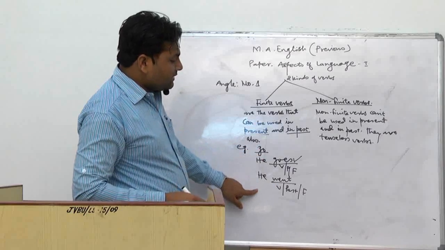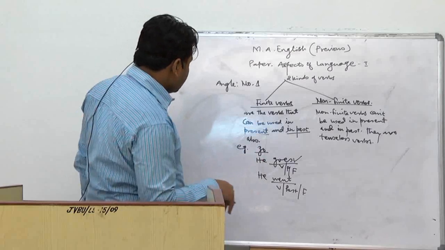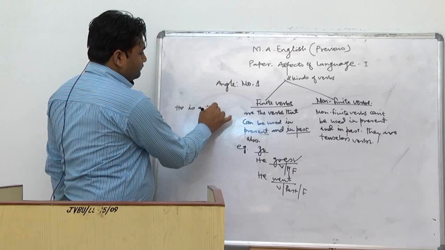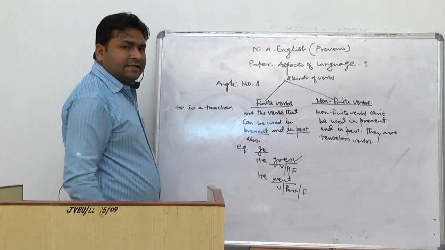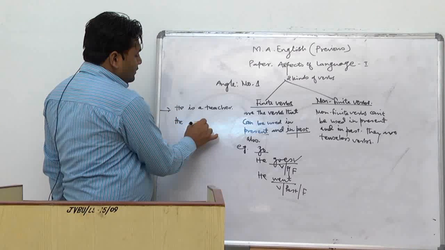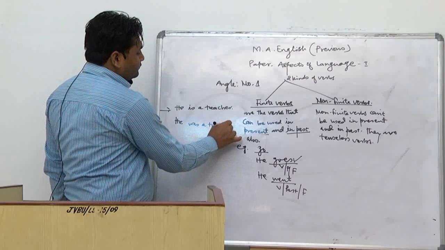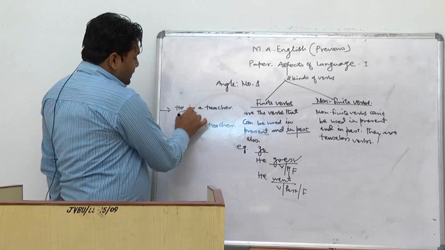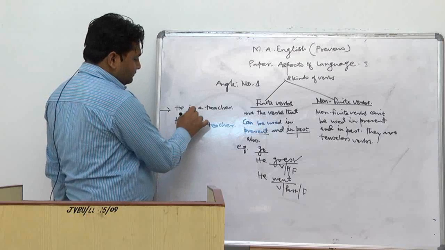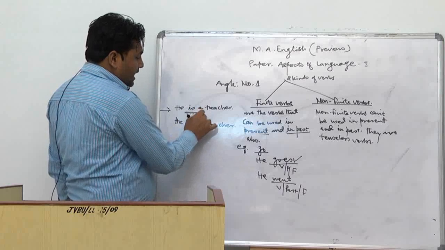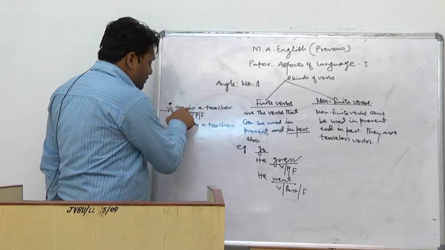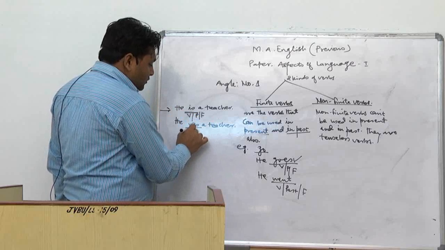We can understand this with a different example also. For example, he is a teacher. Now, you can say he was a teacher. In the first example you will find this is a verb, this is present and finite also. Why is it finite? Because we can change this into past.